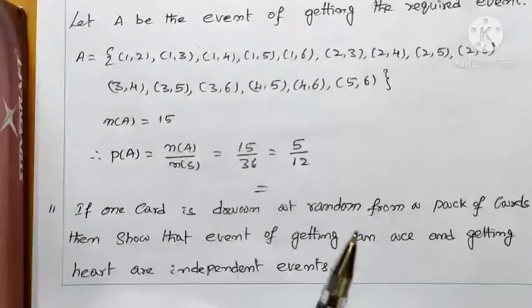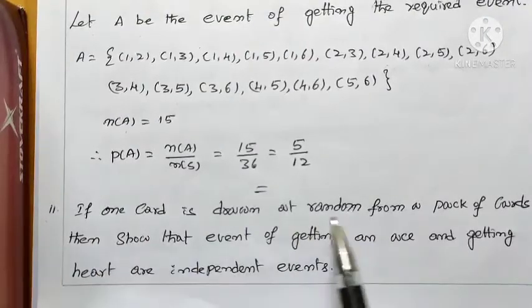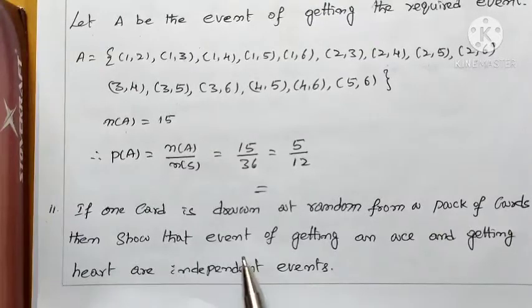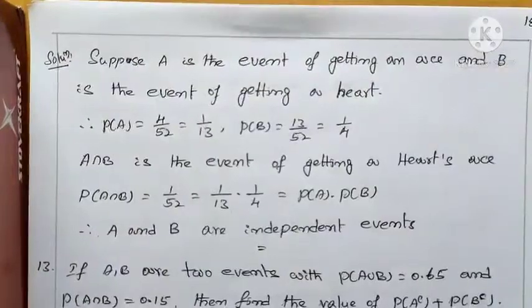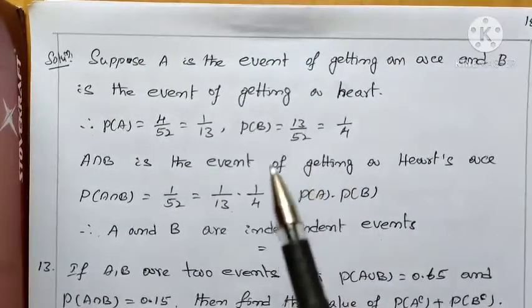The third problem: if one card is drawn at random from a pack of cards, then show that the event of getting an ace and getting a heart are independent events. We know that in a set of cards there are 4 aces.